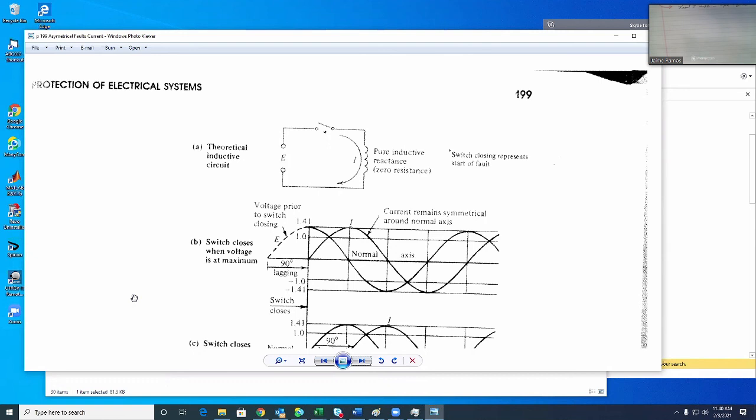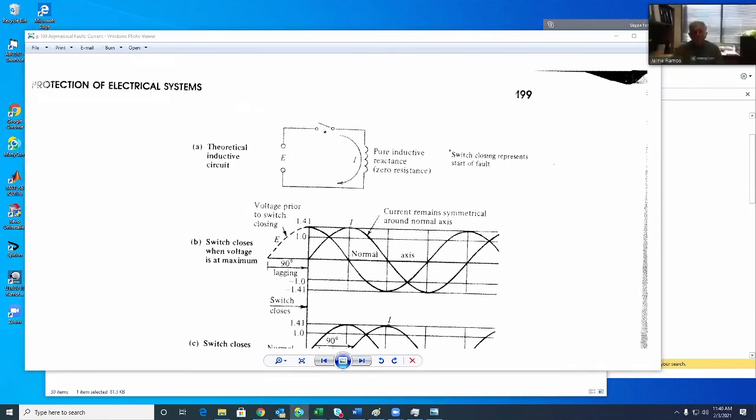In this very simple model, we represent the system by its Thevenin impedance, with a pure inductive reactance.